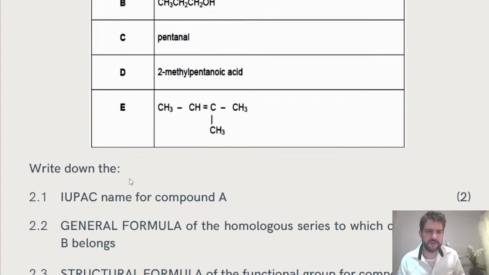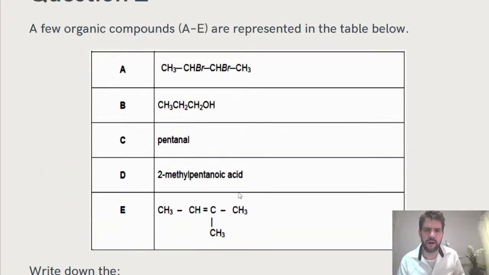Okay. Now, the first question says write the IUPAC name of compound A. Let me just write the IUPAC name here quickly so we can see the answer. We have CH3, we have CHBr, CHBr, we have CH3.